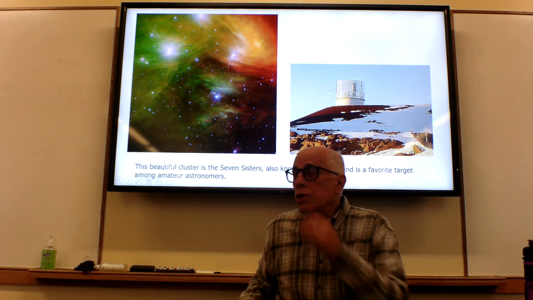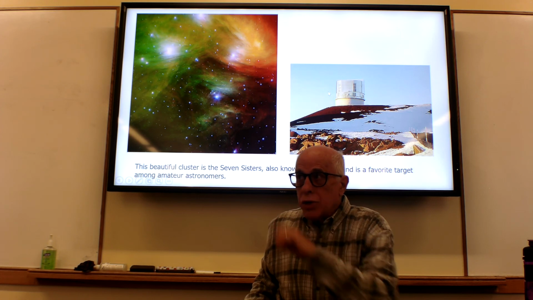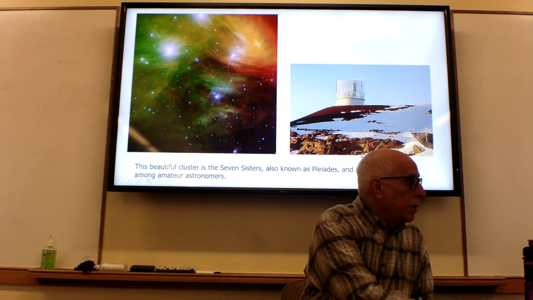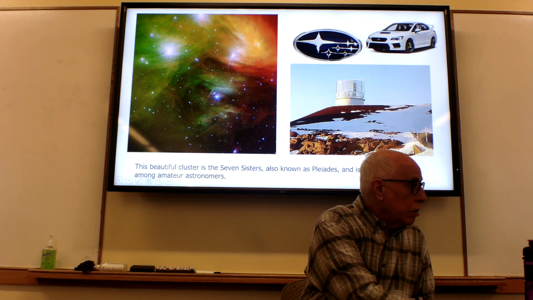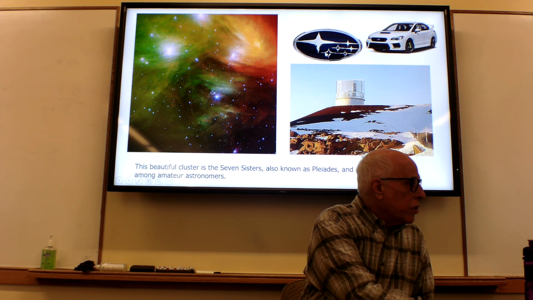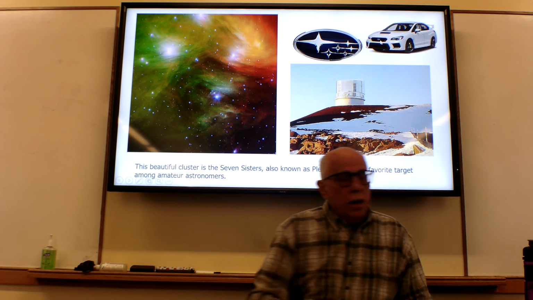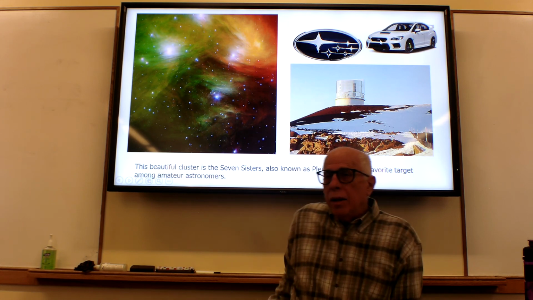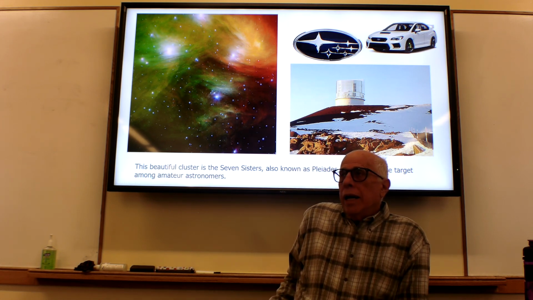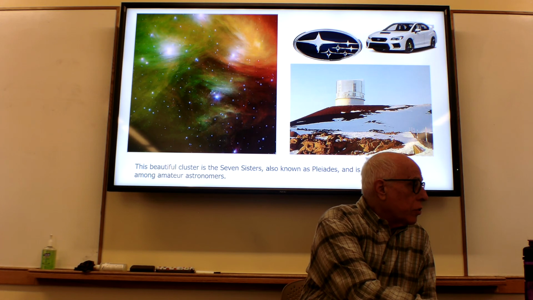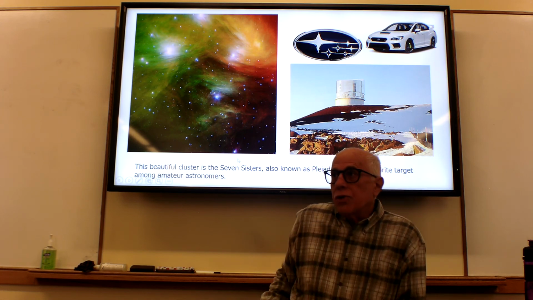I mentioned the Subaru, the Japanese National Telescope. There it is on the summit. It's the same Subaru that's depicted on the front of your car, you know, the Subaru. Now there's a little confusion because there's only 6 stars on the insignia plate of a Subaru. The group Subaru is called the 7 Sisters.